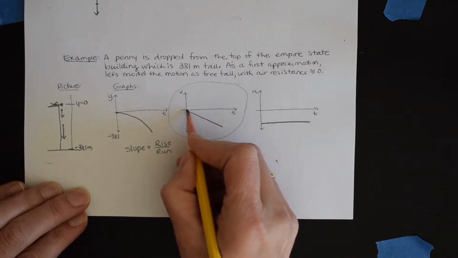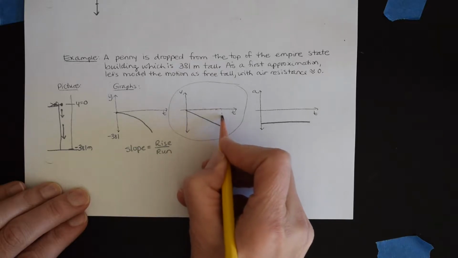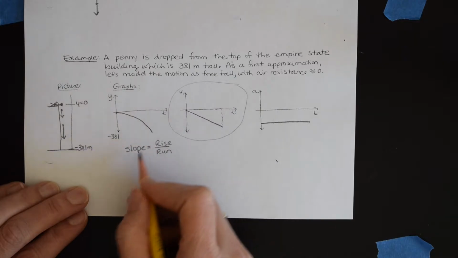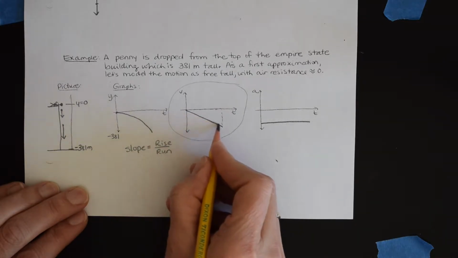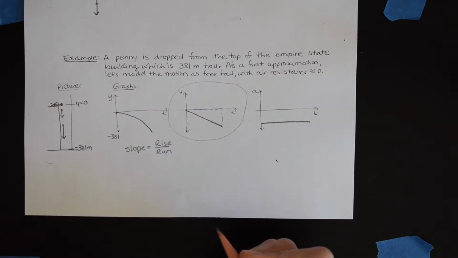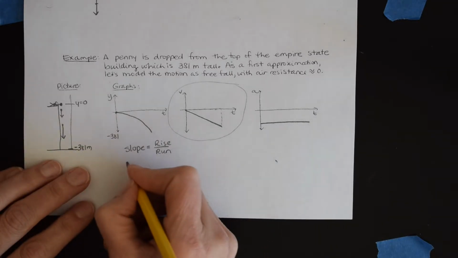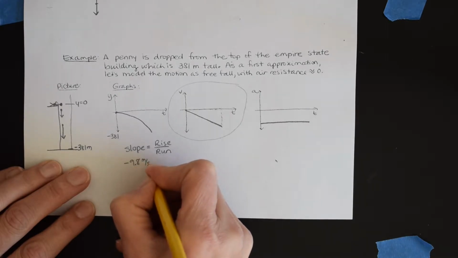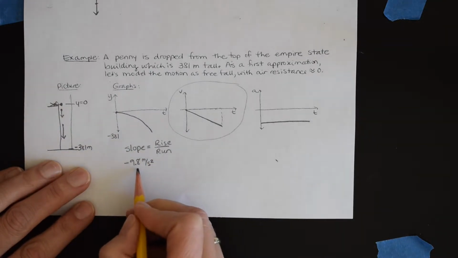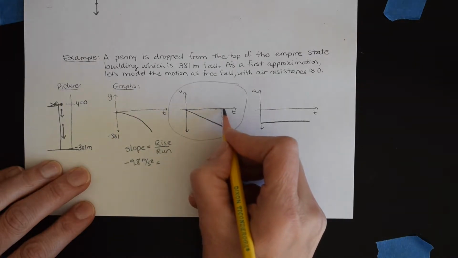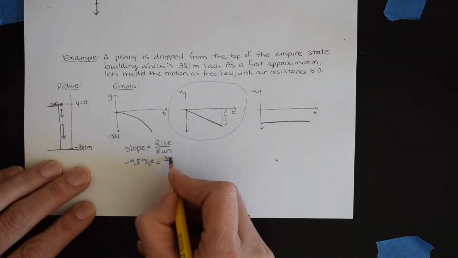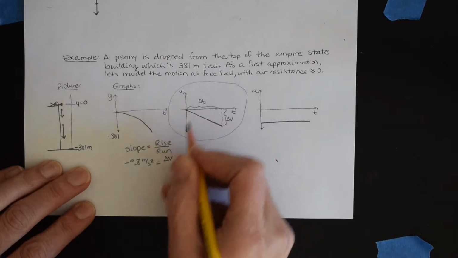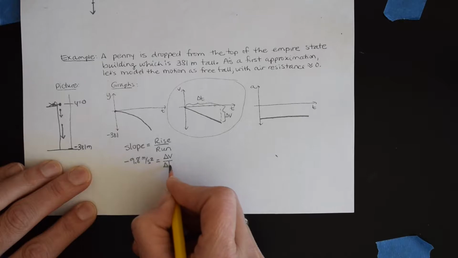And if we look at the slope of this, we know the slope is negative 9.8 meters per second squared. It's the acceleration. We know that since the object is in free fall, that's what the acceleration is. And then we would say that the rise is the change in velocity, and the run is the change in time. And we don't know either one of those.